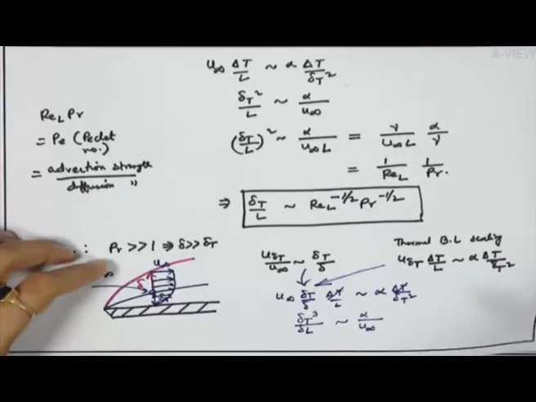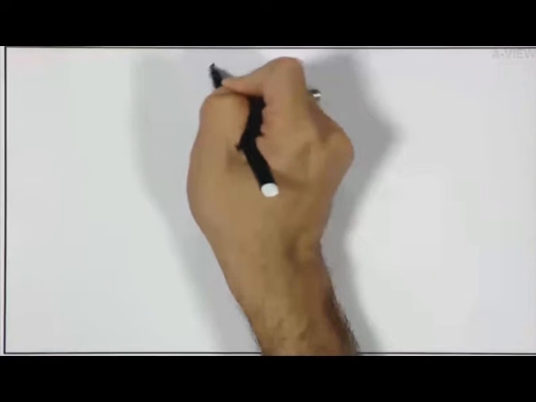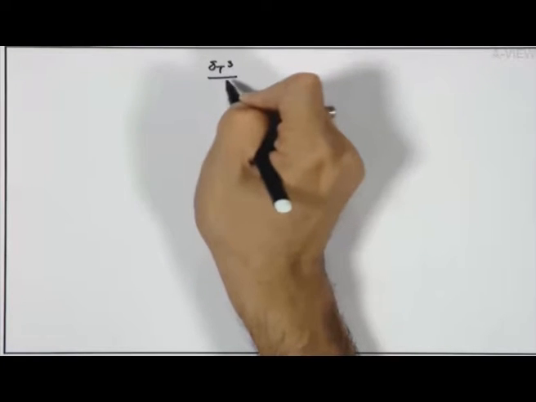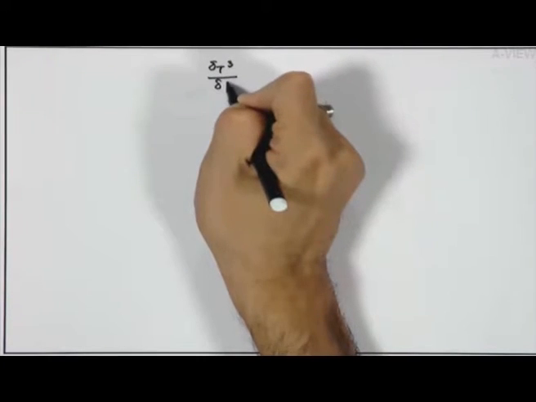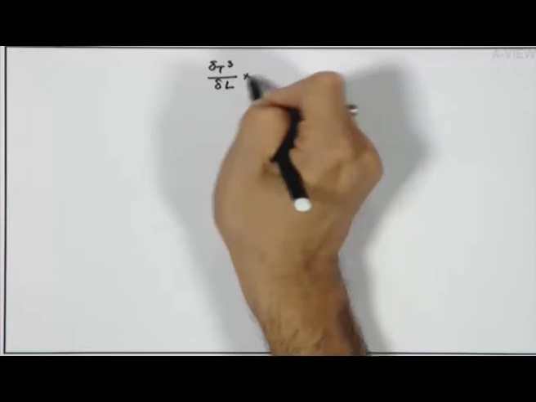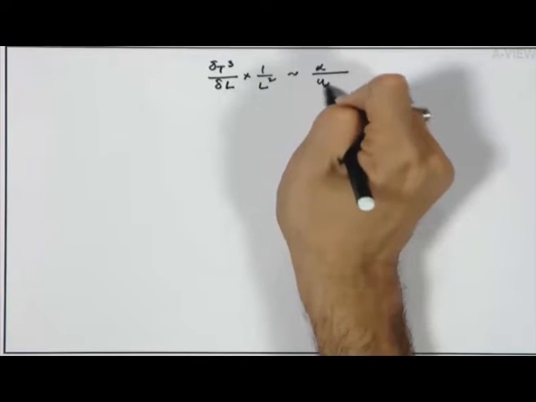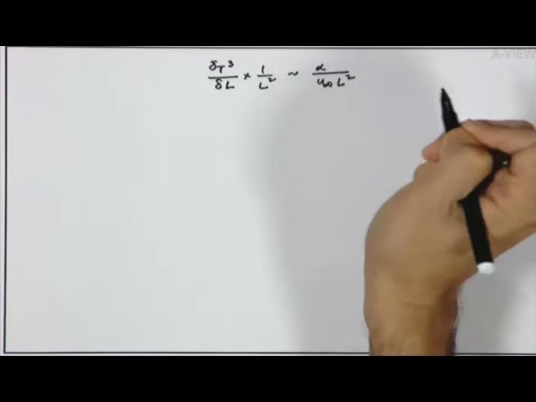So, now you can write delta T cube by delta L into 1 by L square is of the order of alpha by U infinity L square.